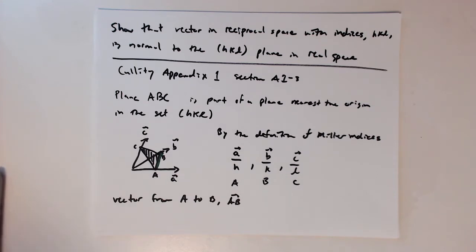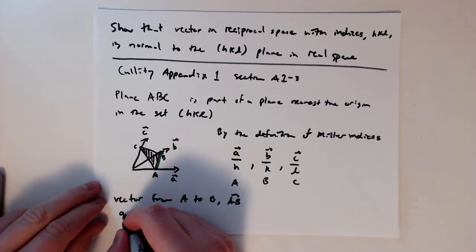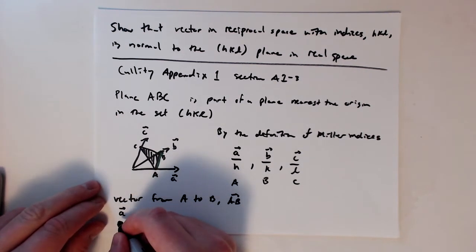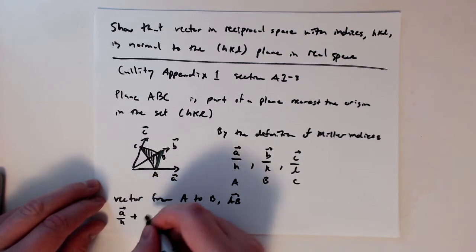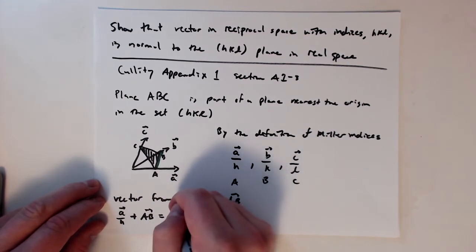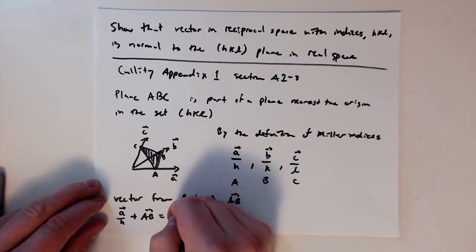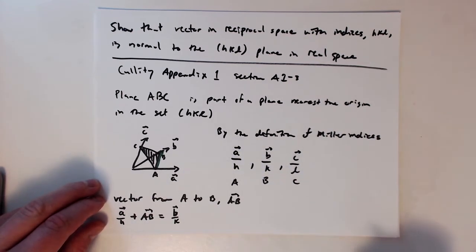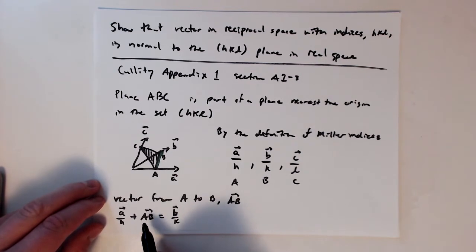If we want to think about that vector AB, we know that if we start at the point A, which is the A vector over H, and then add the vector AB, we get the point B, the B vector over K. That's just start plus the vector goes to the end point, right?